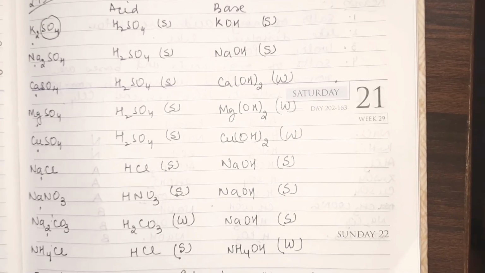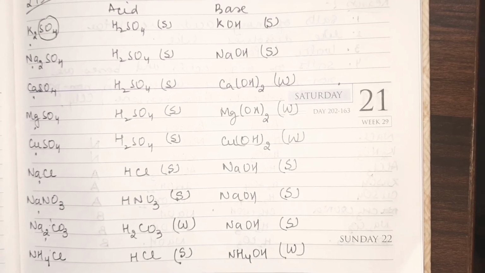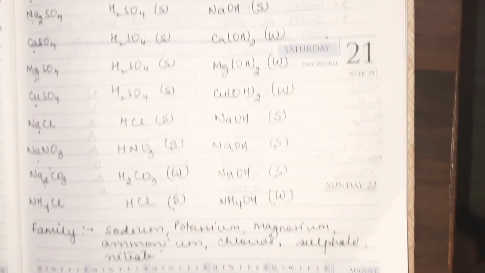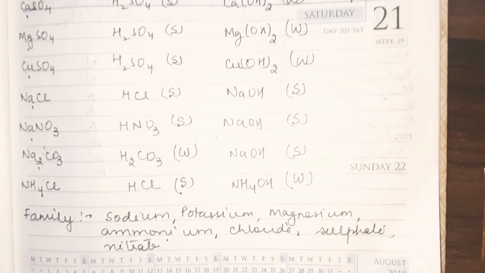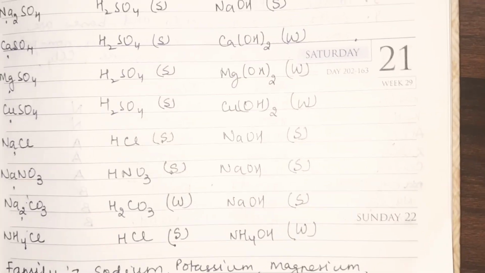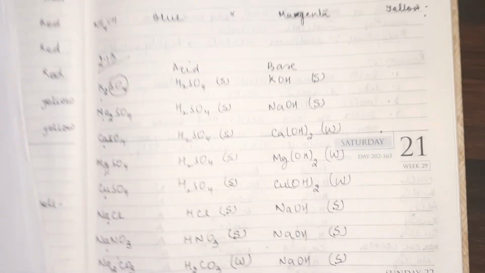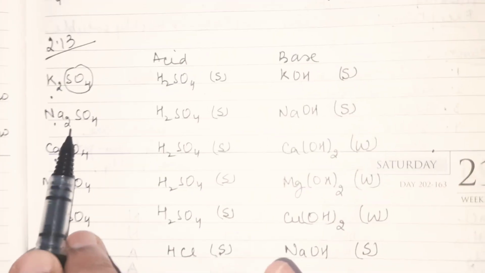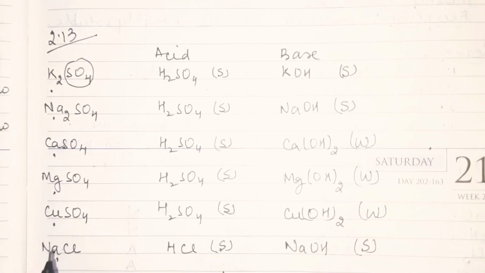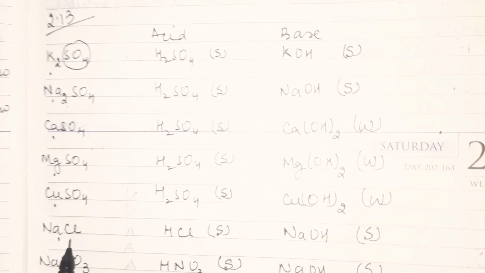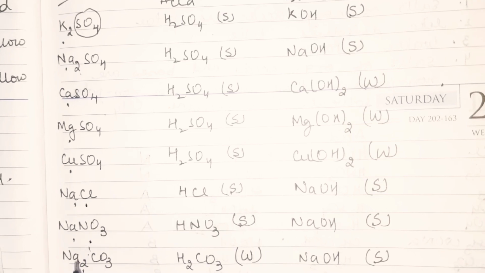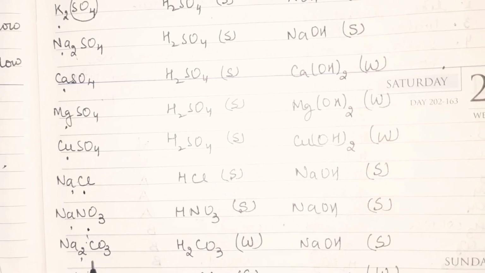Now, in this activity 2.13 they ask us to find the family of various salts. So, the sodium salts, the examples of sodium-containing salts, belong to the sodium family. Then we have this also belonging to the sodium family. This is belonging to the sodium family. This is also belonging to the sodium family.